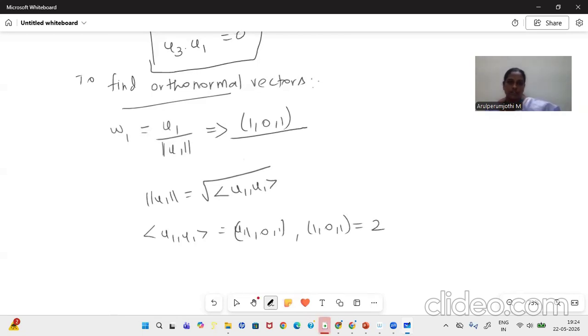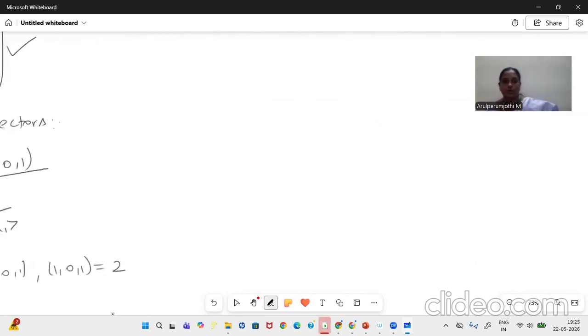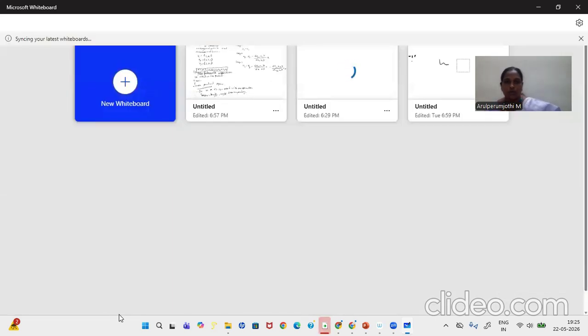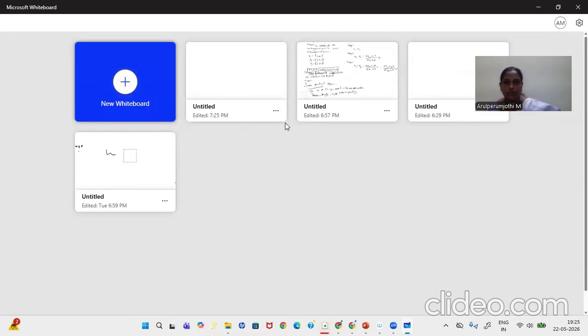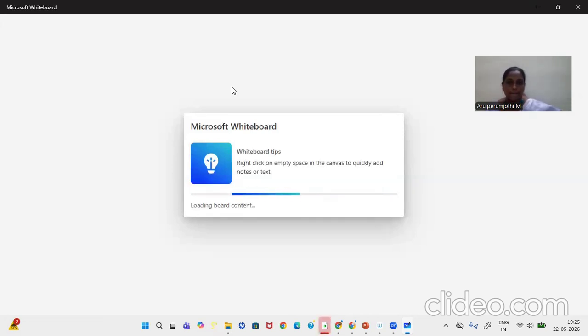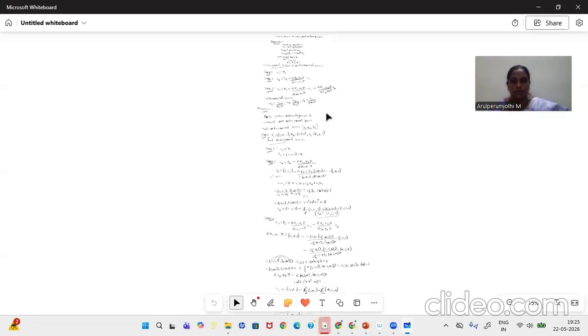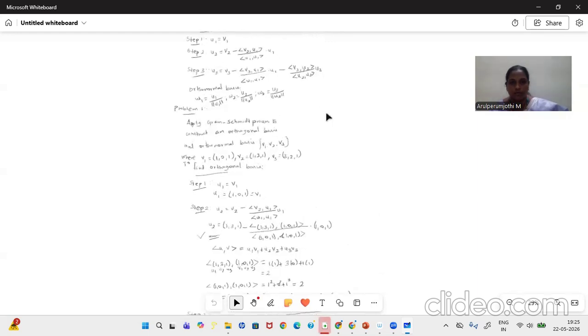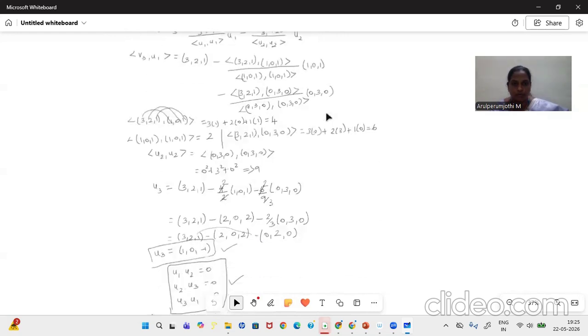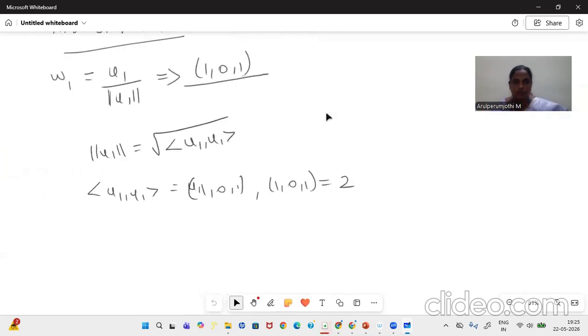So what is the norm of u1? It is root 2.